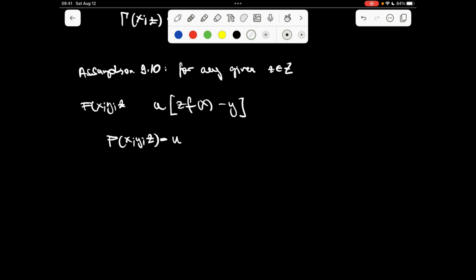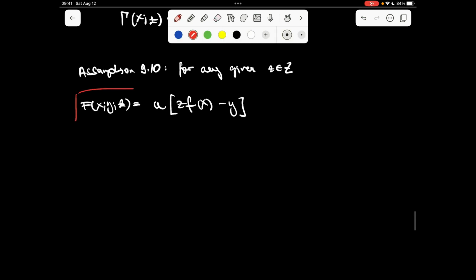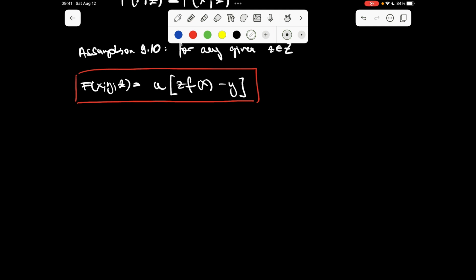So this is the function we are using, and we will find the Hessian matrix for this function. Okay, so let's go step by step.